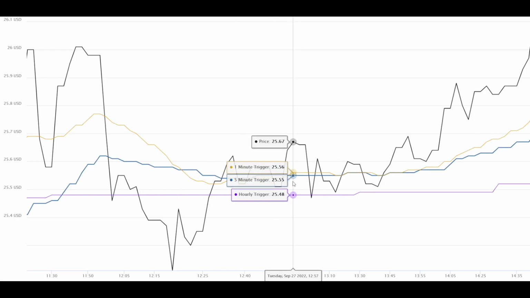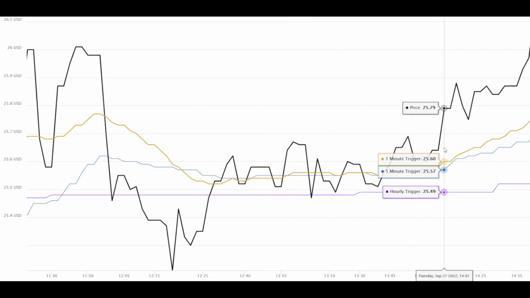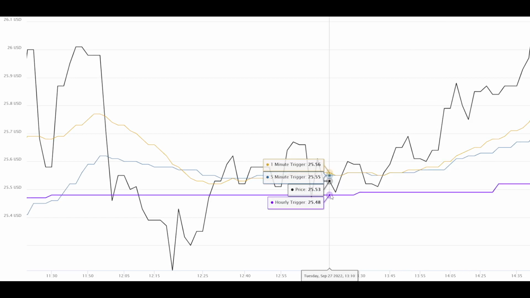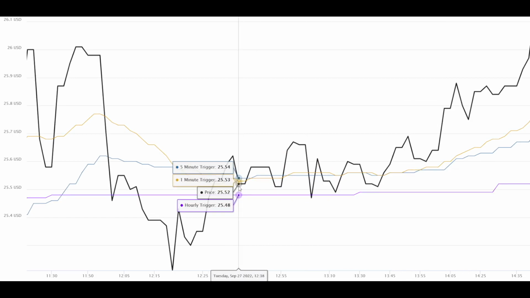Now remember how I told you, when the 1 minute trigger comes down to the 5 minute trigger and glances off it, that means that price is about to make another move higher. So when all of these are clustered together, and you could see 25.48, 25.52, 25.53, 25.54, they're all within a 1% spread of each other.